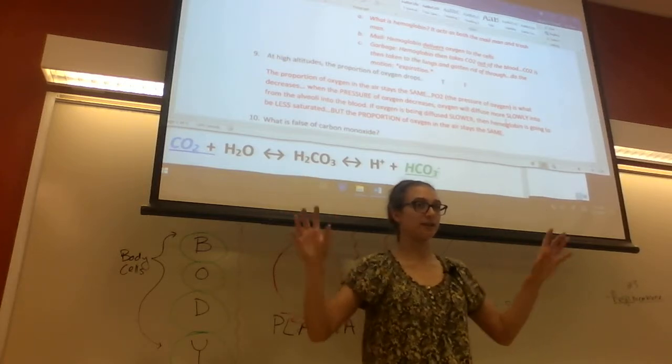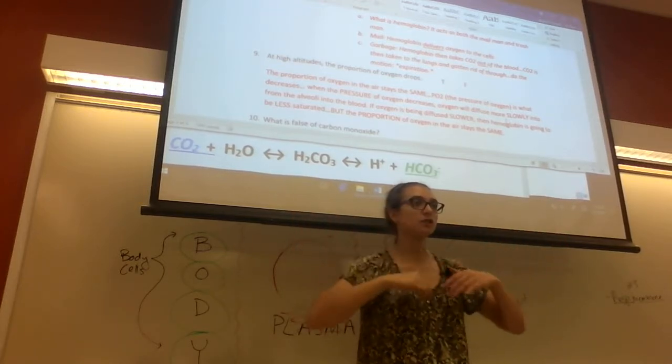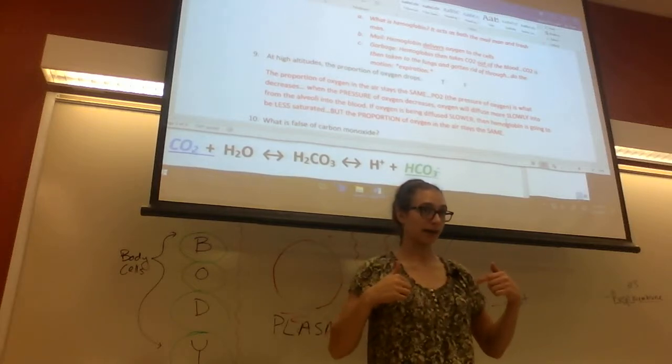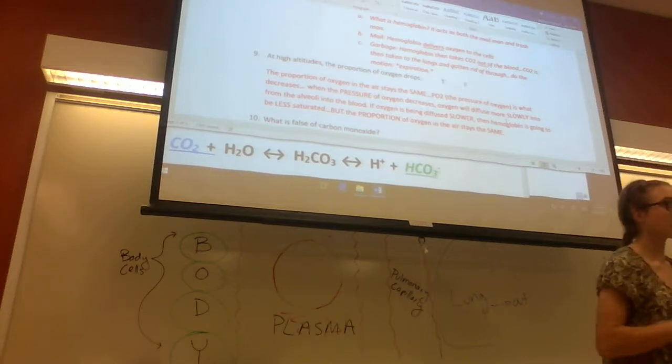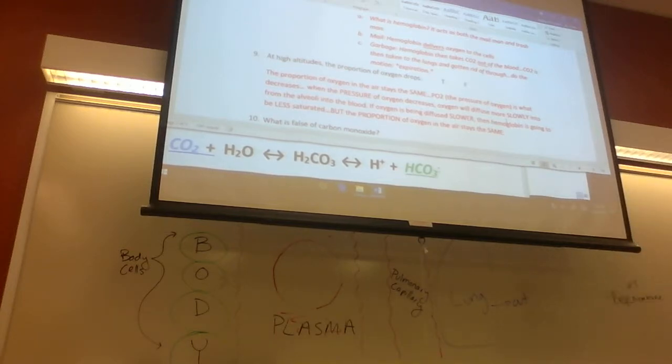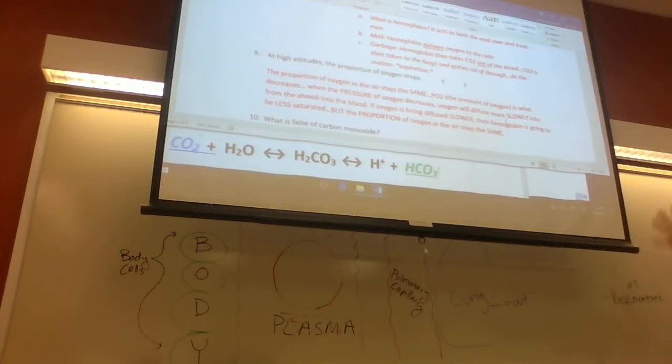It's not as intense. So it kind of dissociates slower at high altitudes because the pressure is less. Does that make sense? So the proportion of oxygen does not drop. The amount of oxygen is the same.